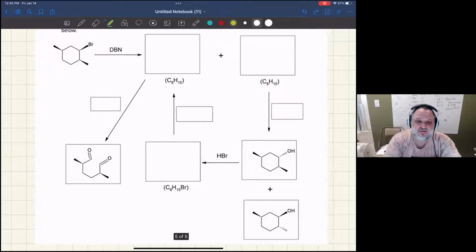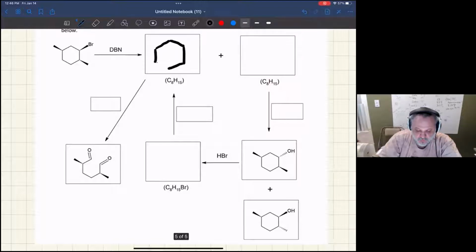Remember that in an elimination reaction, there's generally a major and minor product, whether we're talking about the Zaitsev or the Hofmann product. And so in this case, I have a bromine and it can eliminate, and I can have a Zaitsev or a Hofmann product. So that means that I can have a double bond.